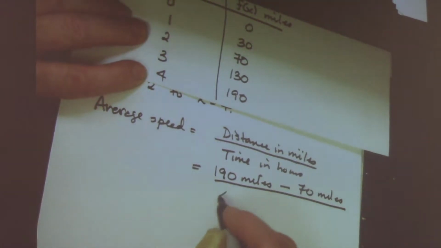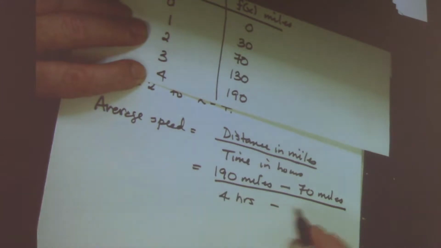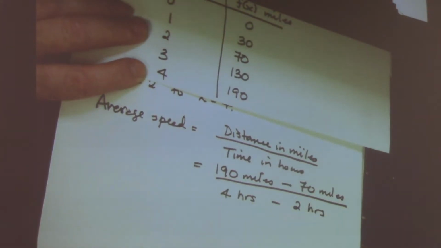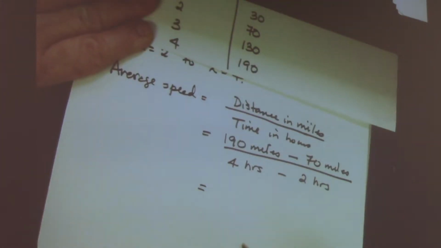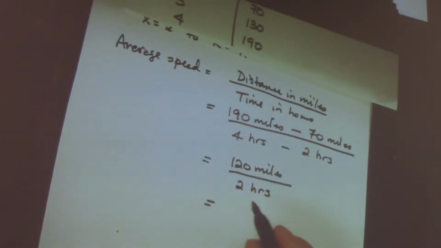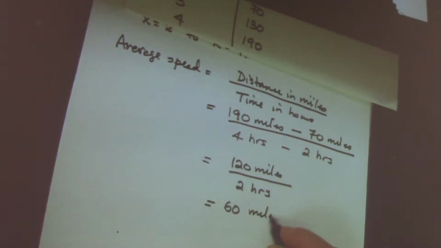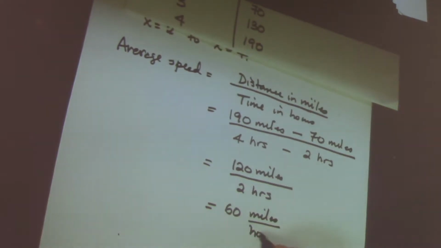Yeah, so 4 hours minus 2 hours, or 2 hours. So I want a distance of 120 miles over a 2-hour time period. So during that 2-hour time period, on the average, I was going 60 miles per hour.